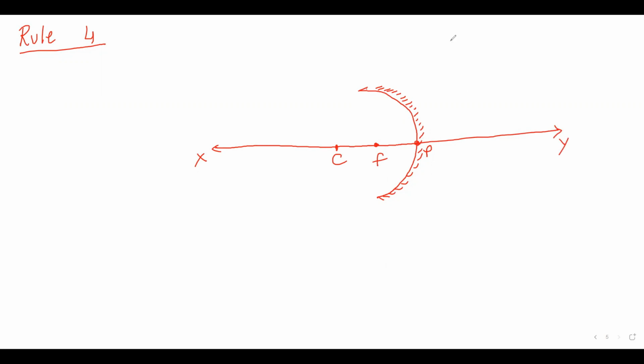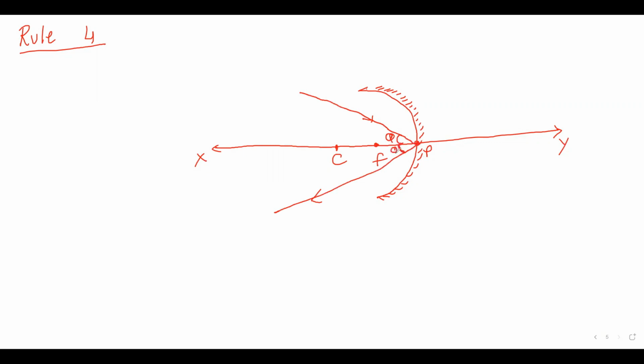Now, any ray incident on the pole, what happens? It will reflect, making the same angle with the principal axis. What angle it made initially, the same it will make after reflection.